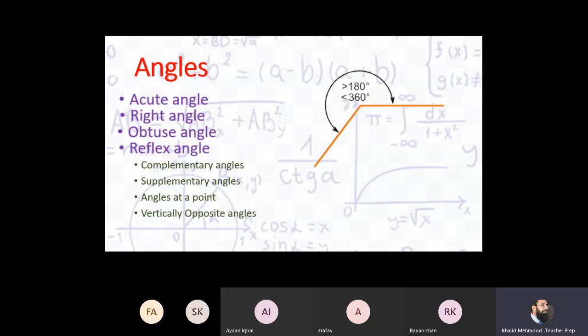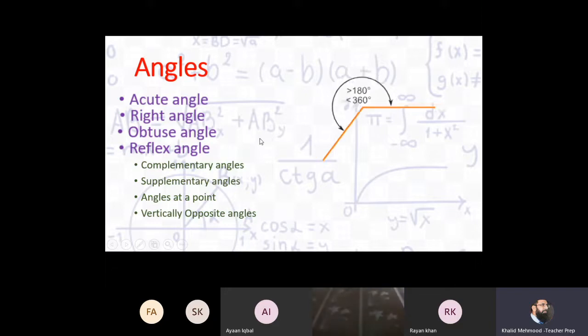All angles above 180 and less than 360 are reflex angles.